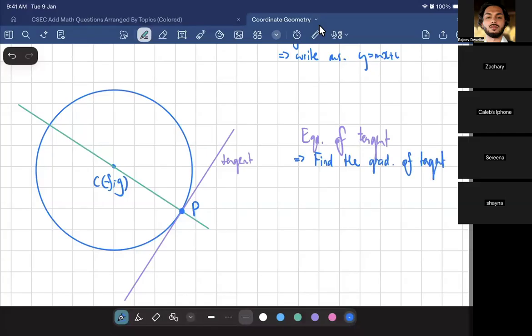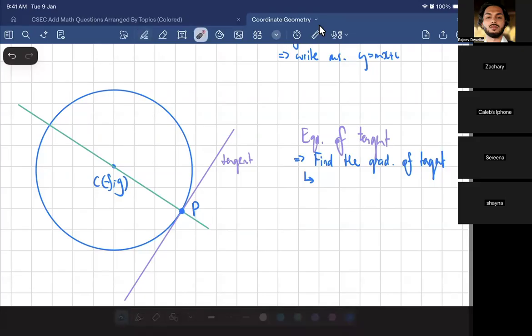Could somebody tell me how you'd find the gradient of the tangent? The gradient of the tangent is the negative reciprocal of the gradient of the normal. Perfect.